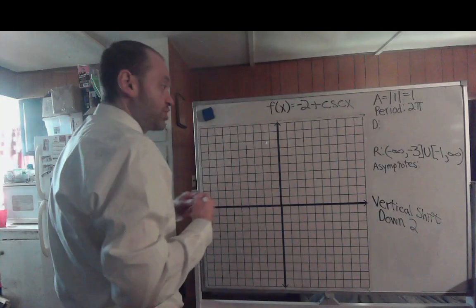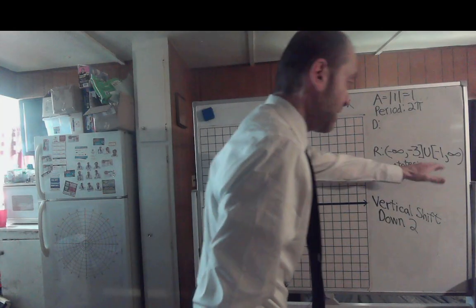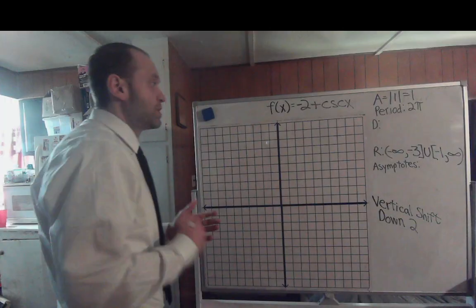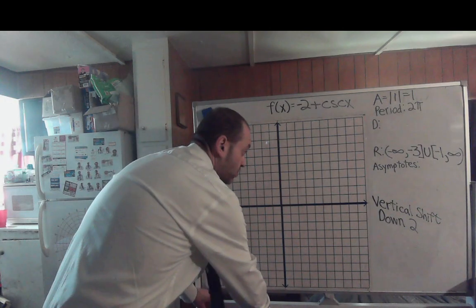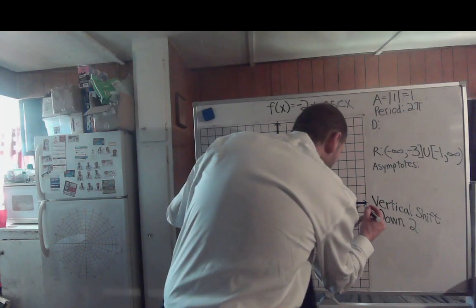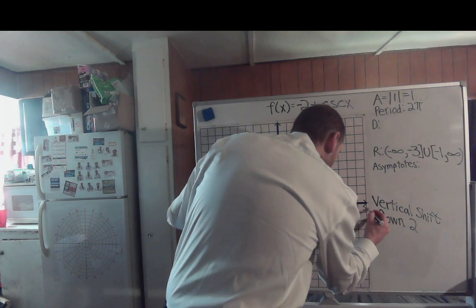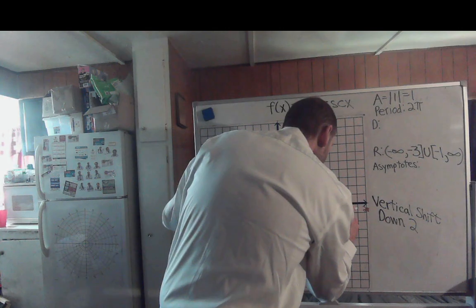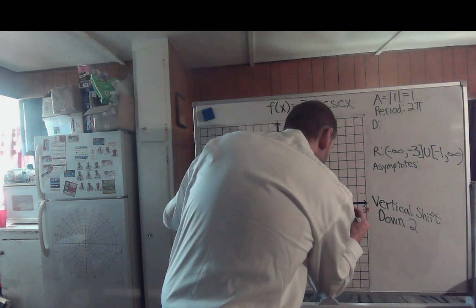So you just subtract 2 from your normal members of the range, and there's your new range. And of course, I probably better plot all my critical points for the graph.